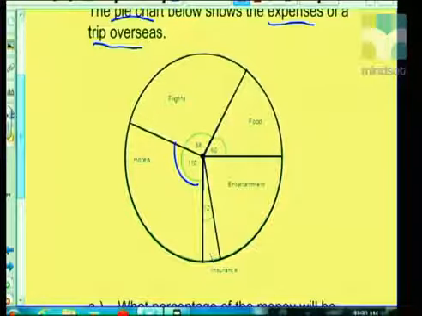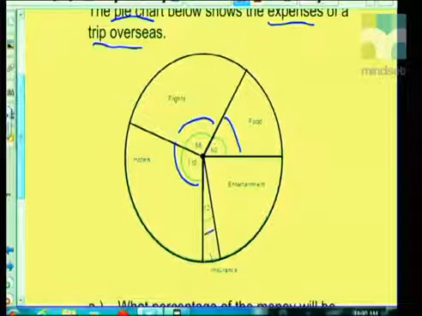They've allocated to hotels, they've allocated to flights, they've allocated to food, to entertainment, and to insurance.